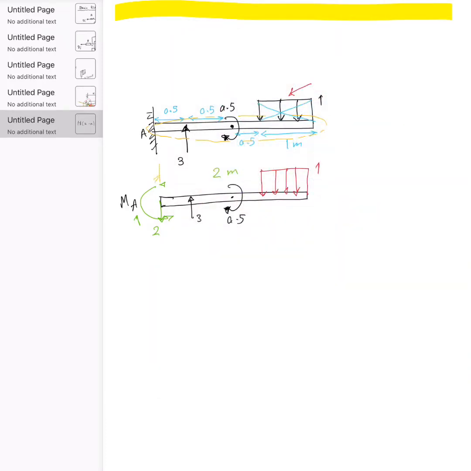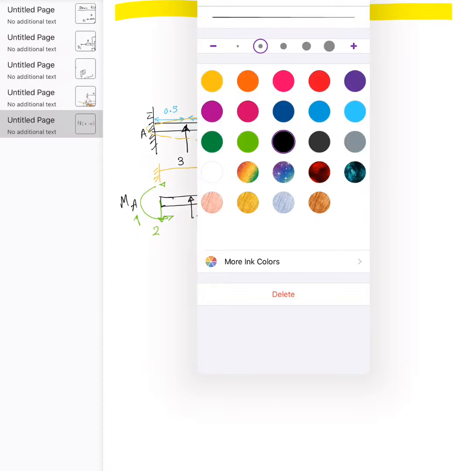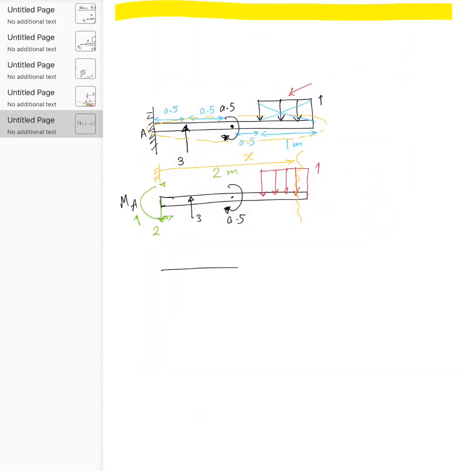I take a point from the left as a reference, and then I cut it to the very end point, such that I'll cover all kinds of loading. So I call this X. And now if I want to draw the FBD, I will have one part from the left and one part from the right that we don't really want to use.